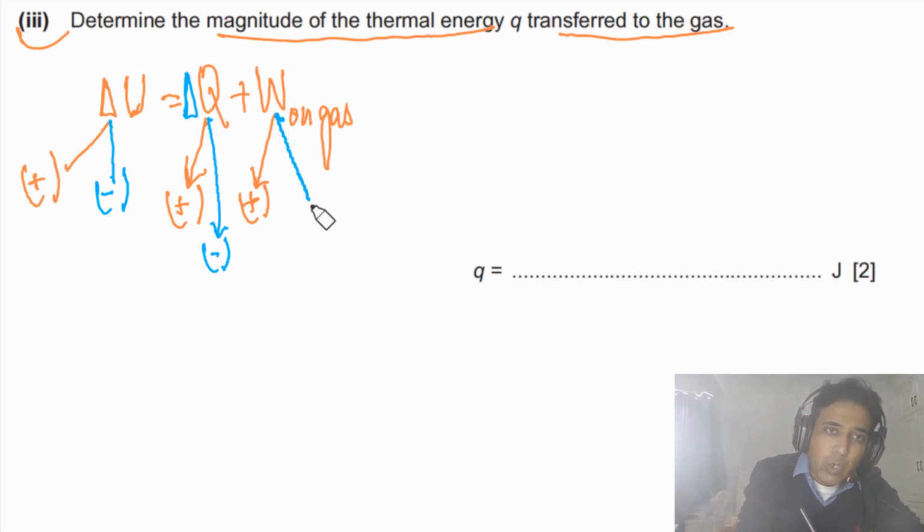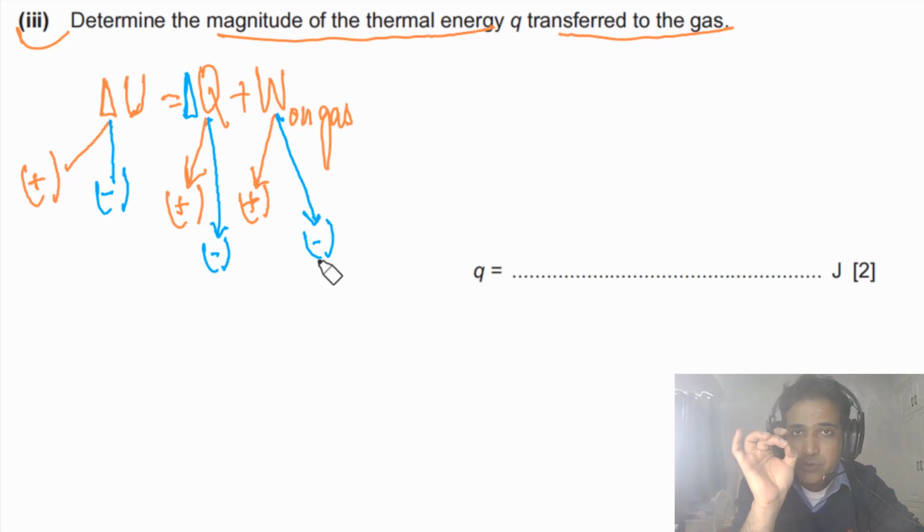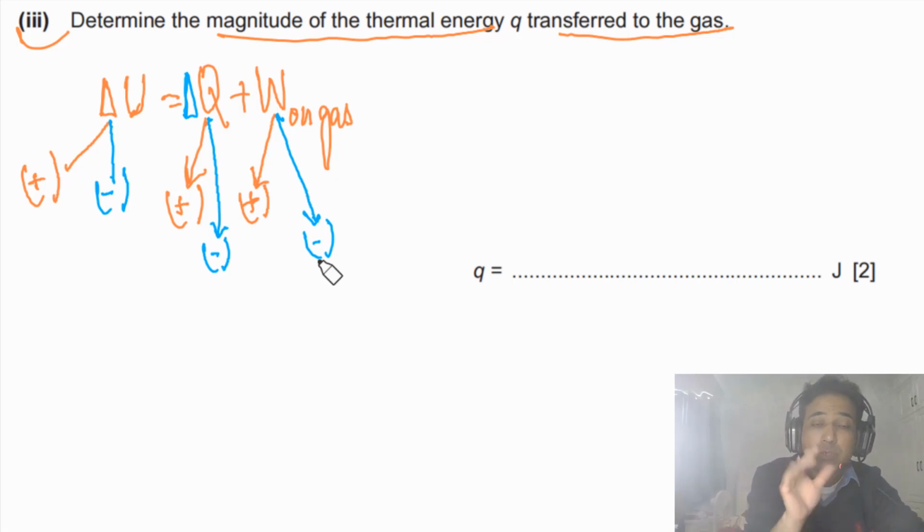And if work done on gas is also negative, it means 100% the change in internal energy will be negative. But if Q is positive and W is negative, you need to check which one is bigger, and the change in internal energy will be according to that one. Now for this question, these are the points you need to understand. This is the meaning of this equation.